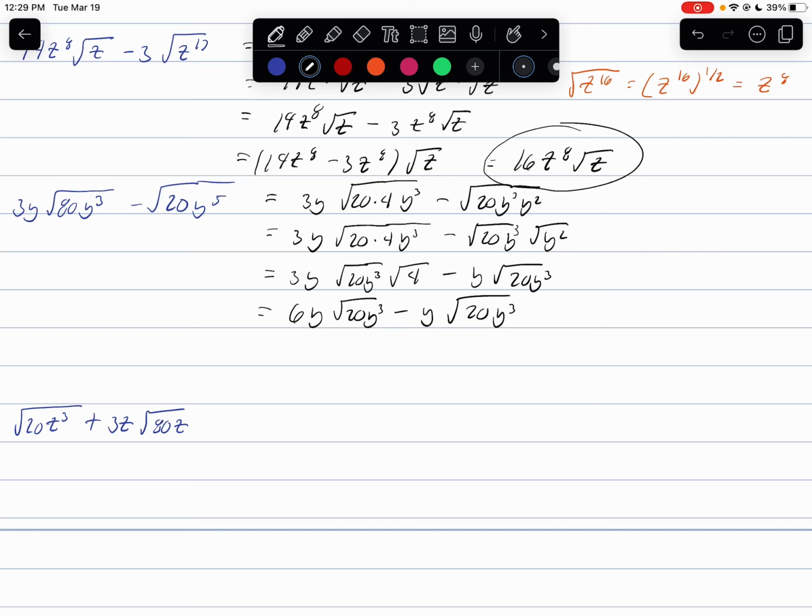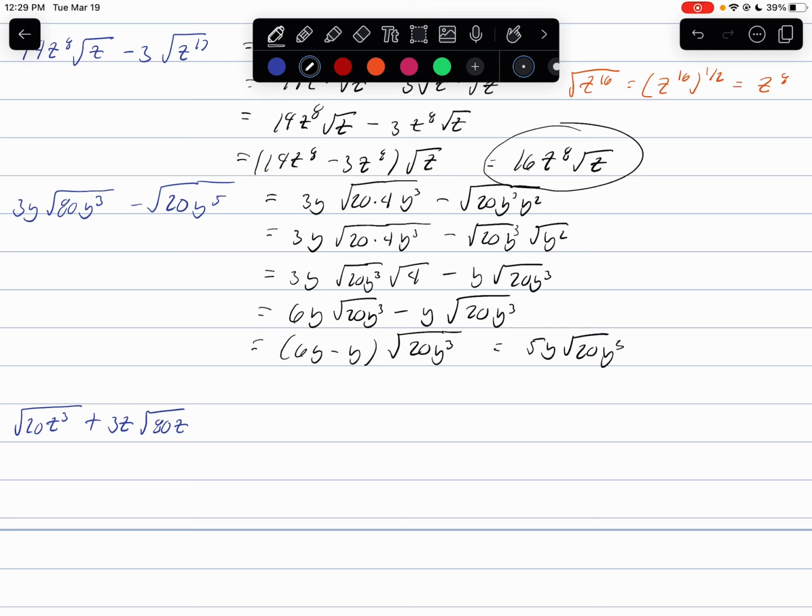Okay, and I bet we can still do better than this, right? So we can divvy this up. So if we factor out this square root of 20y to the 3rd, we will have 6y minus y times the square root of 20y to the third, which is going to give us 5y times the square root of 20y to the third.